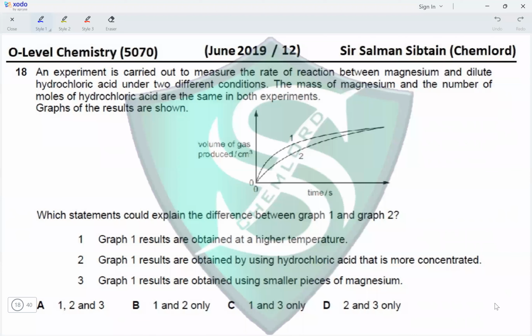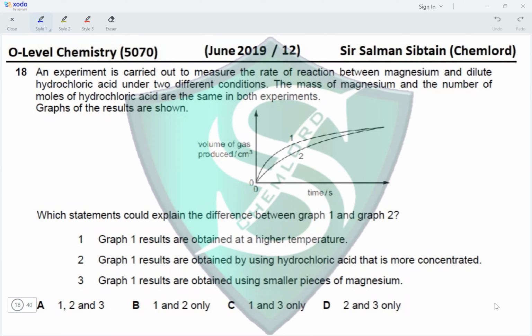Question 18. An experiment is carried out to measure the rate of reaction between magnesium and dilute hydrochloric acid under two different conditions. The mass of magnesium and the number of moles of hydrochloric acid are the same in both experiments. Okay, if the moles and mass are the same, then what is different? Okay, there are two different conditions. They will give us in the statements.